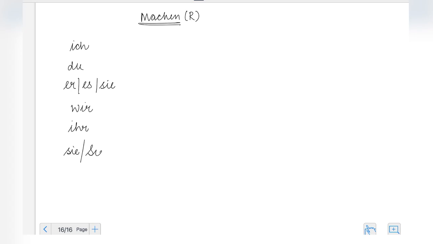So first we will discuss the conjugation of machen, which is your regular verb. So we have some pronouns: ich, du, er, es, sie, wir, ihr, and sie.